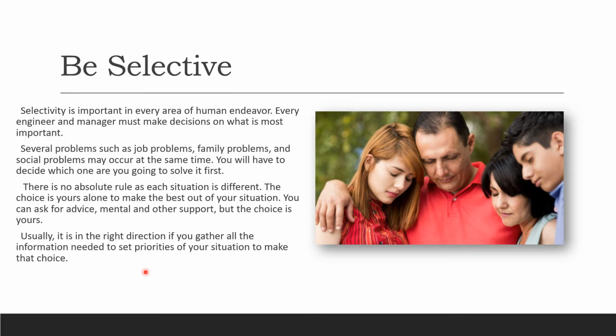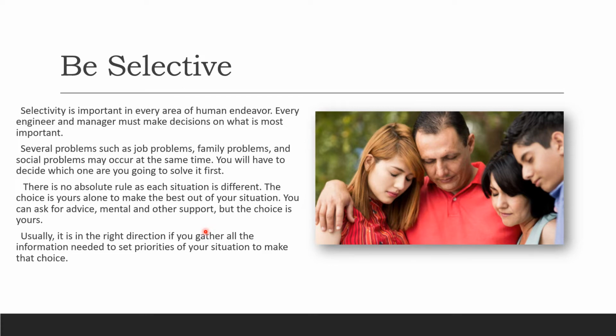You will have to decide which one you are going to solve first. There's no absolute rule as to which, because the situation is different. So the choice is all yours alone to make the best out of your situation.